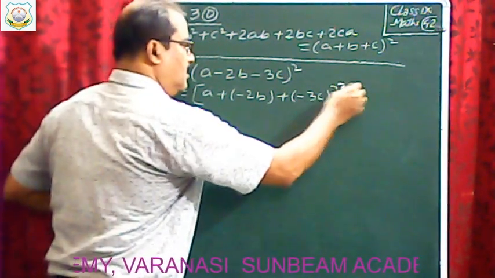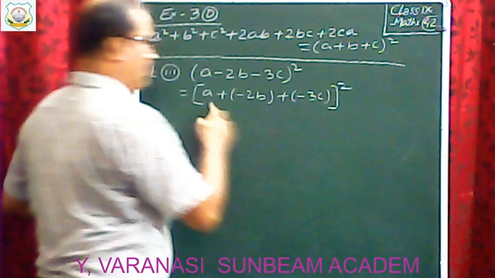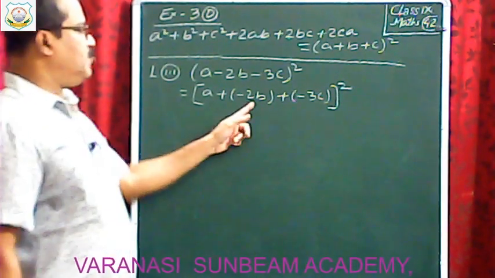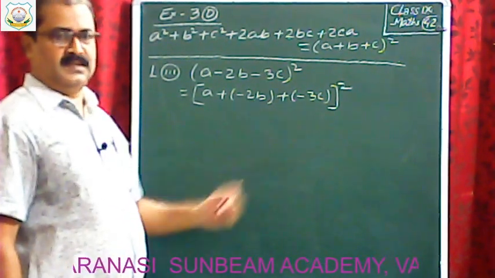Okay, now what is the part of a? The part of a is a, the part of b is minus 2b, the part of c is minus 3c.